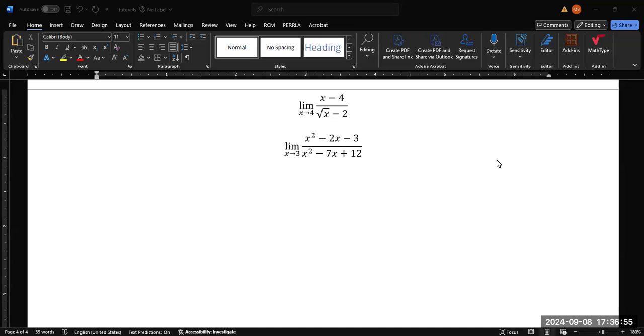And I want my function to be a little bit different. So my function is going to be this value minus 4, and this one is going to be the square root of this value minus 2.